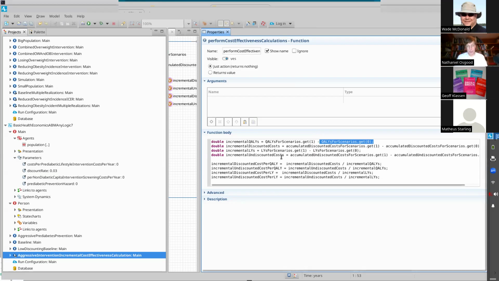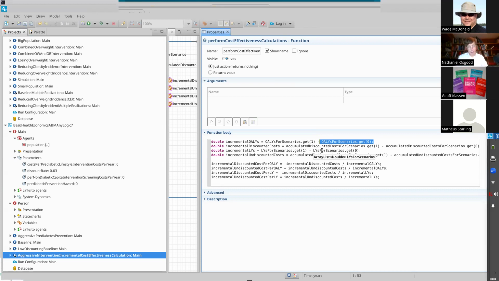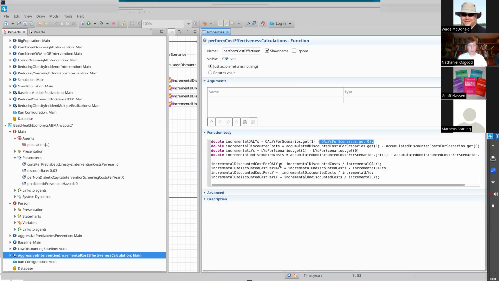Same thing with life years, same thing with undiscounted costs, mutatis mutandis. And then we calculate the incremental discounted cost per incremental QALY, incremental undiscounted cost per incremental QALY, incremental discounted cost per incremental life year, incremental undiscounted cost per incremental life year, as the division among us.